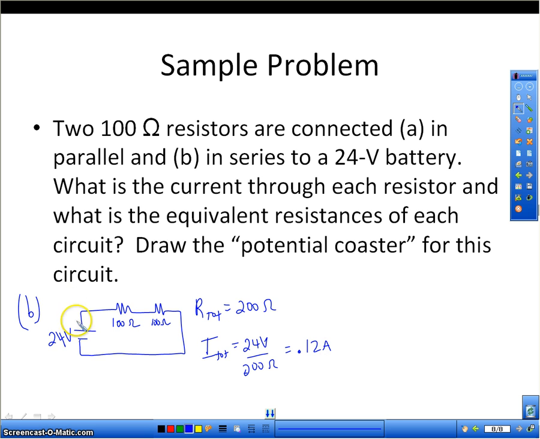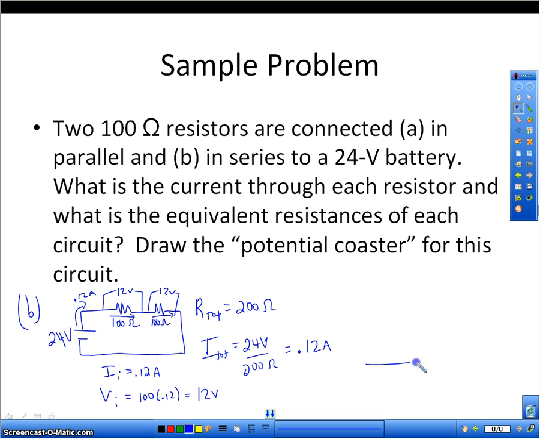So that 0.12 amps is going to come out of the battery. It's going to travel entirely through the first resistor and entirely through the second resistor. So each individual current is going to be 0.12 amps. What that means is each individual voltage is going to be 100 times 0.12, and that's going to be 12 volts. So each of these has 12 volts across it, which leads me to my total of 24.